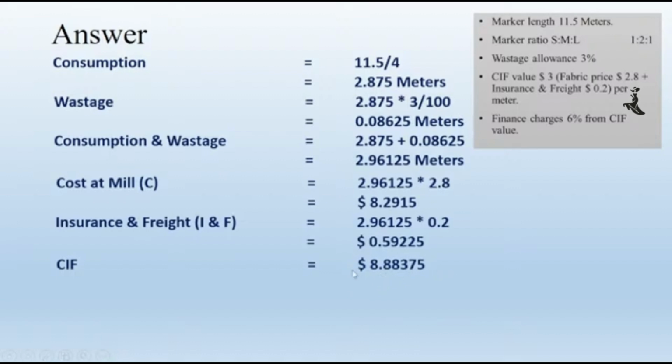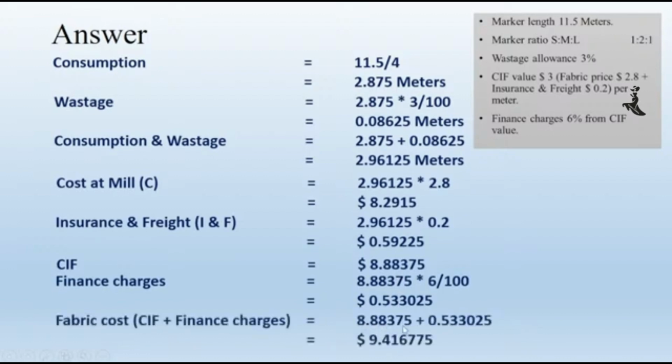So 8.88375 into 6% is 0.533025. This also we have to pay as fabric cost. So 8.88375 plus this finance charge 0.533025 means $9.416775 per garment fabric cost.